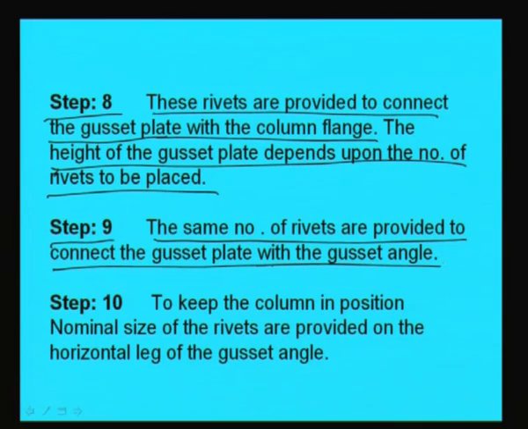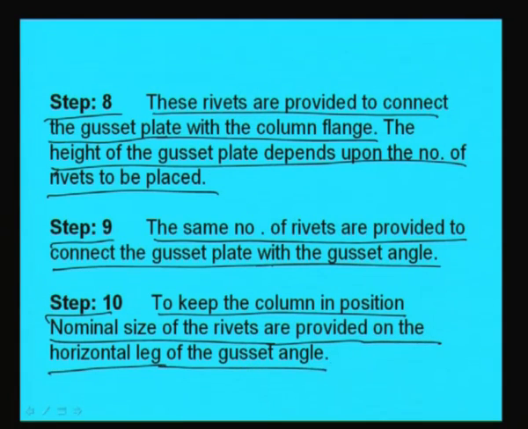And in step 10, to keep the column in position, nominal size rivets are provided on the horizontal leg of the gusset angle. So, these are the steps which we have to follow for designing a gusset base.